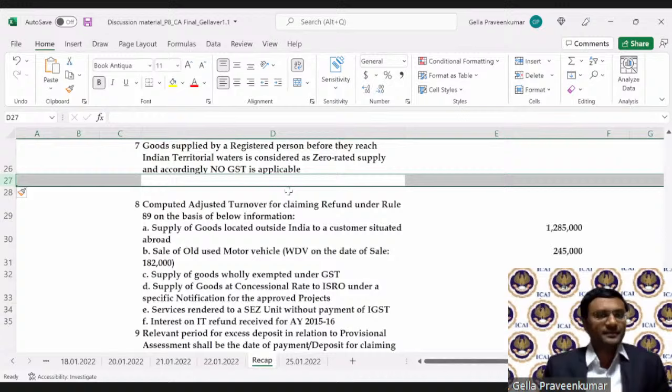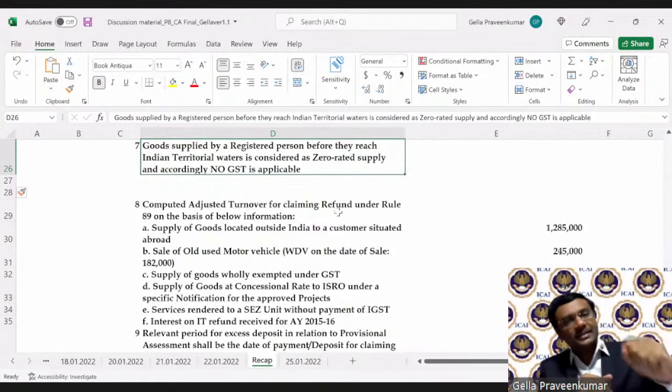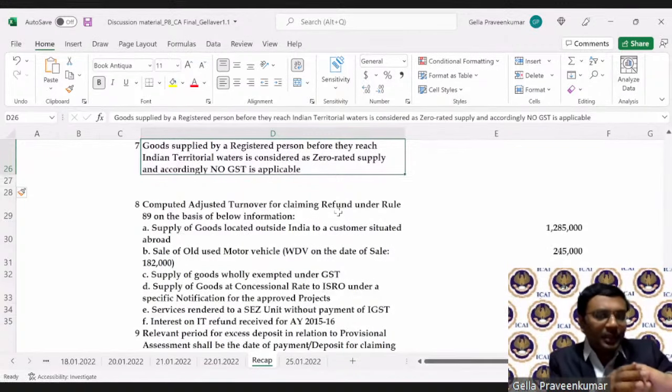Question number 7. Goods supplied by a registered person before they reach Indian territorial waters is considered as zero rated supply. Accordingly, no GST is applicable. What would be your answer? Goods are supplied by a registered person before these goods reach the Indian territorial waters.